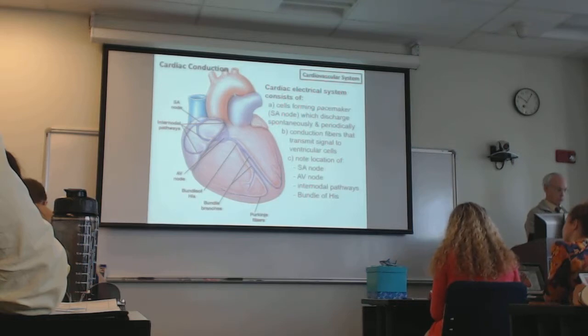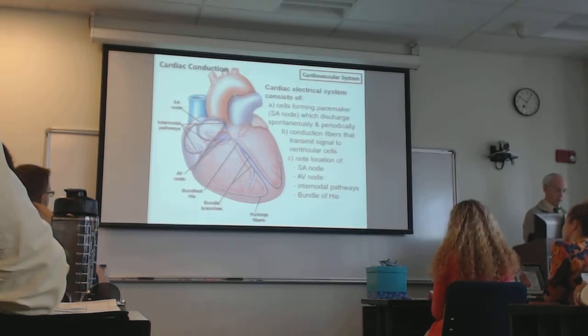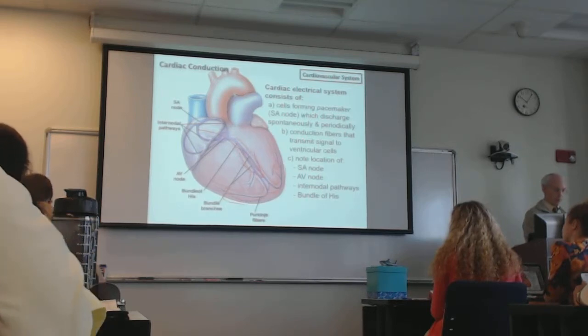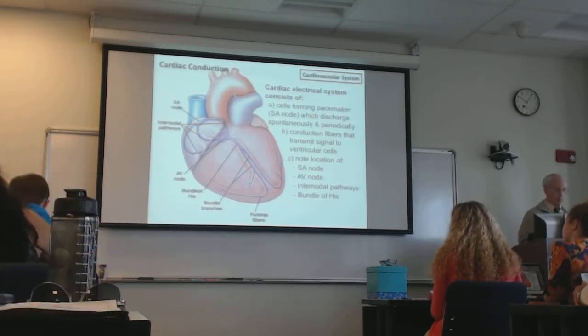The signal, more or less, is going to be propagated in this direction down to the AV node, and to the AV bundle or bundle of His here, and then into the branch bundles, and then into what we call the Purkinje fibers. But in general, the signal is going to be propagated in this direction and then up in the walls of the myocardium.